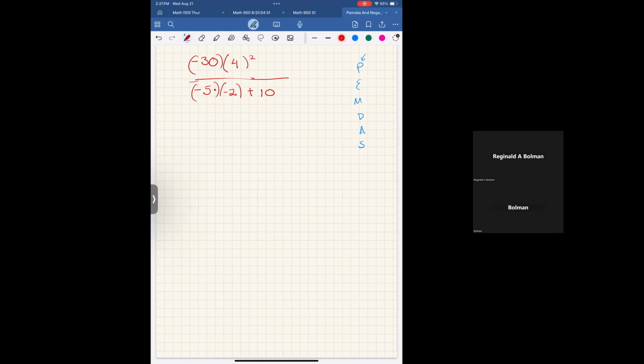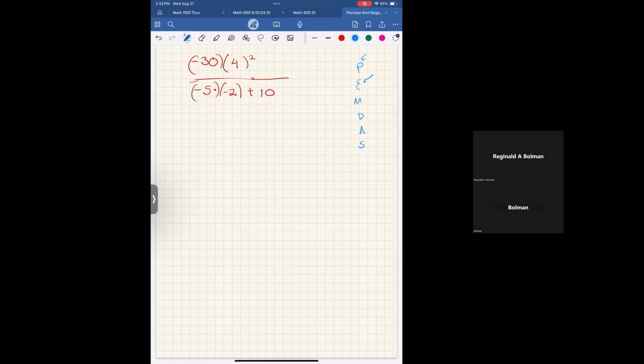Now, because the parentheses in this particular problem only exist to try to separate out the negative symbols and highlight the negative symbols to the reader, we don't actually have to worry ourselves too much with the parentheses. Instead, we can go ahead and skip to exponents if we decided to do so.